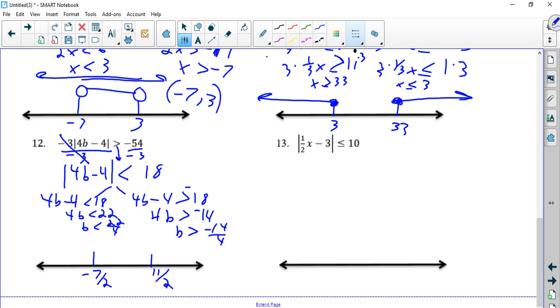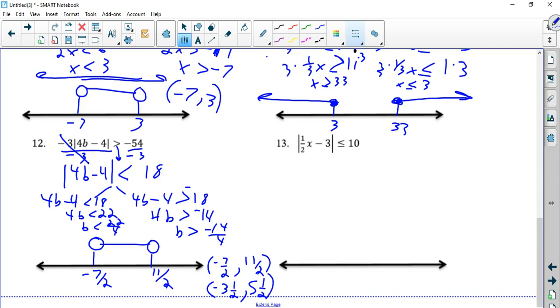If you put negative 3.5 and positive 5.5, that's fine also. It's less than this one, but greater than that one, and so it's in between. And again, there are going to be parentheses for my interval notation, and it goes from negative 7 halves to 11 halves. And again, if you decided to write it as negative 3.5 to 5.5, that is perfectly okay.